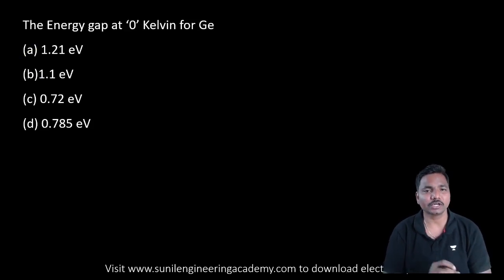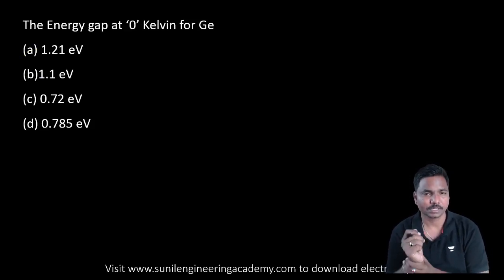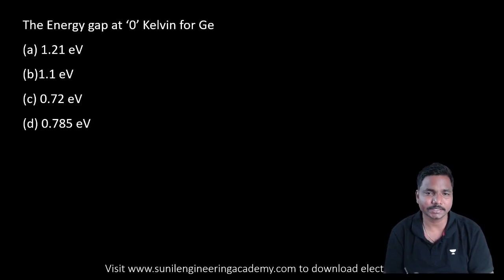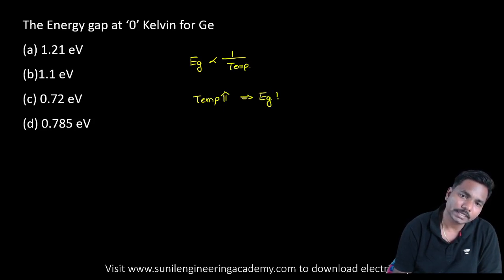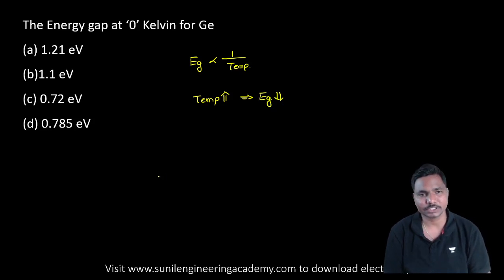Energy gap at 0 Kelvin for germanium. This is a very important question, guys. Here the energy gap is inversely related to the temperature. That means as temperature increases, the energy gap decreases. Very important relation.